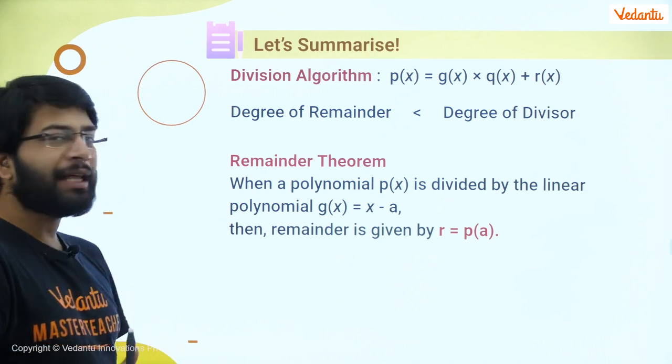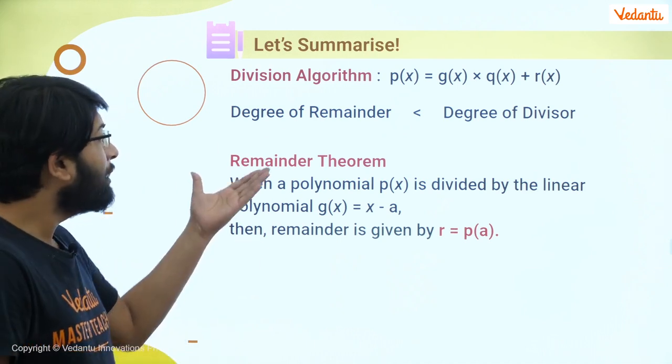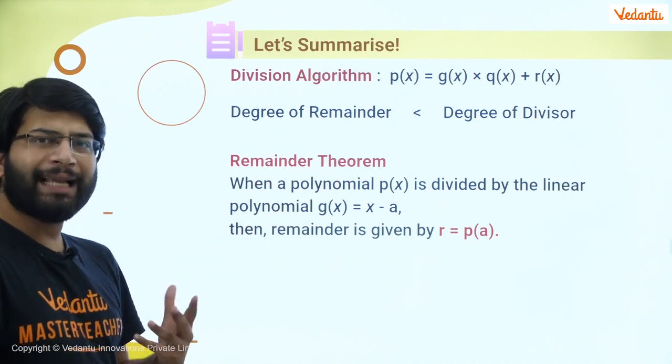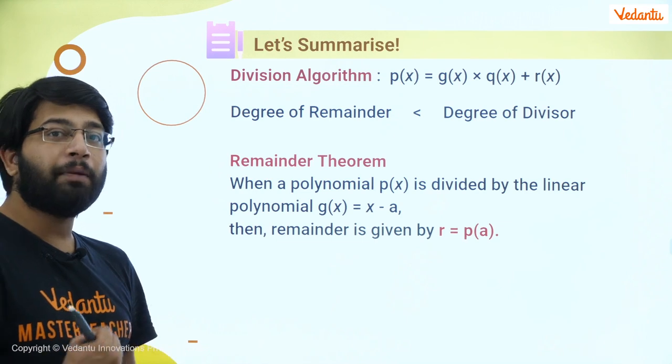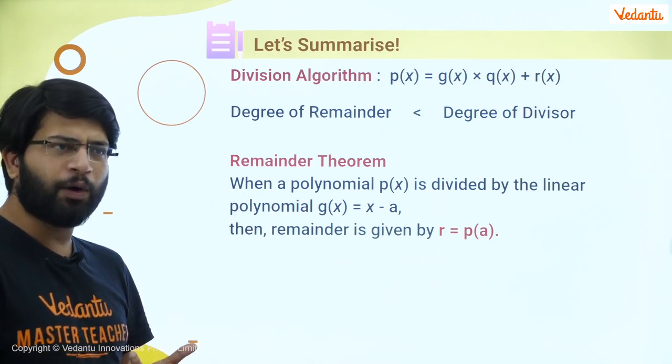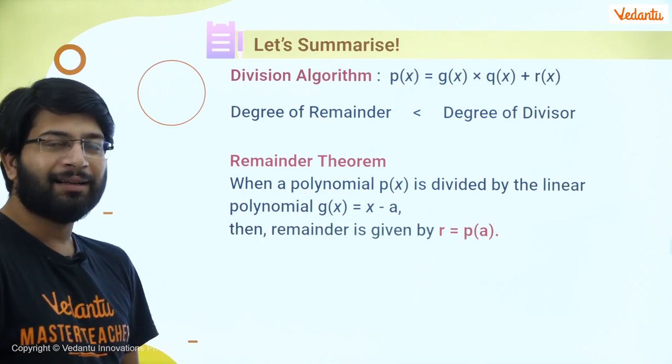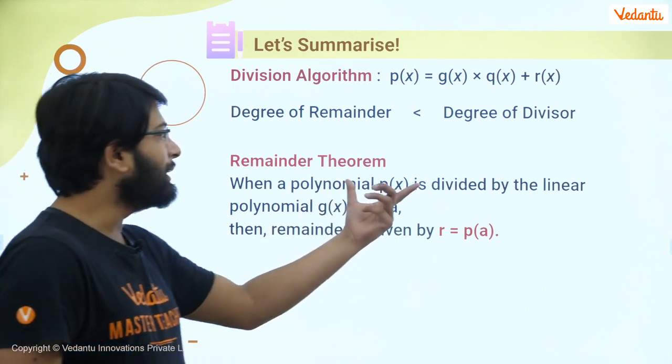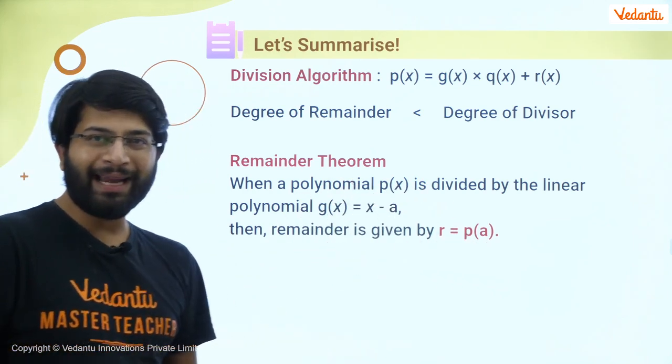After that, we have seen the remainder theorem, which says that if I am dividing by a linear polynomial, if my divisor is a linear polynomial x minus a, then the remainder will be simply p(a).